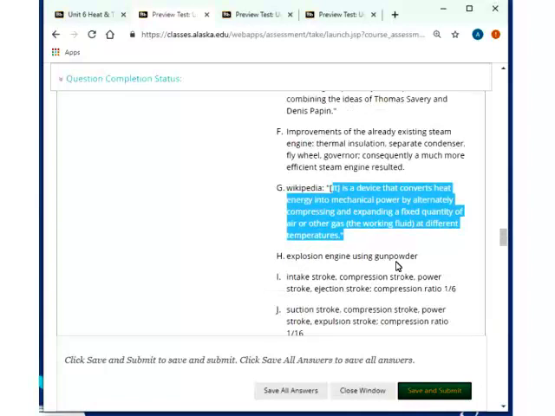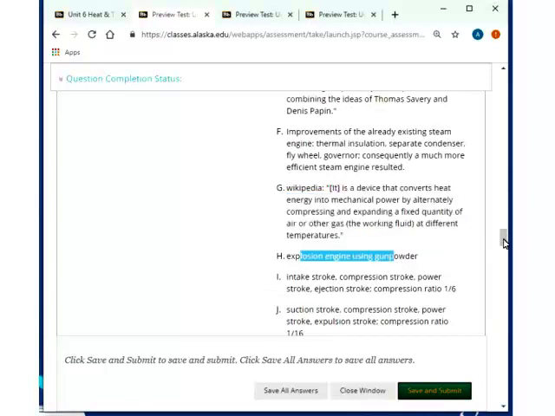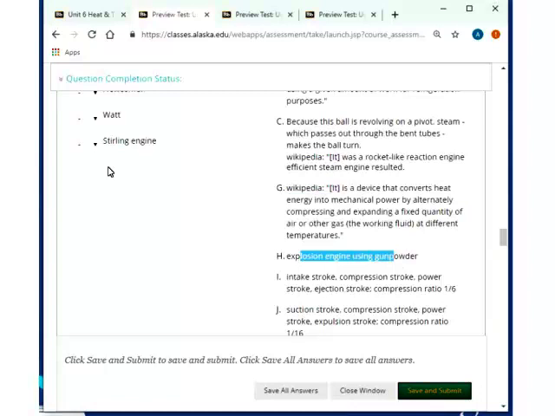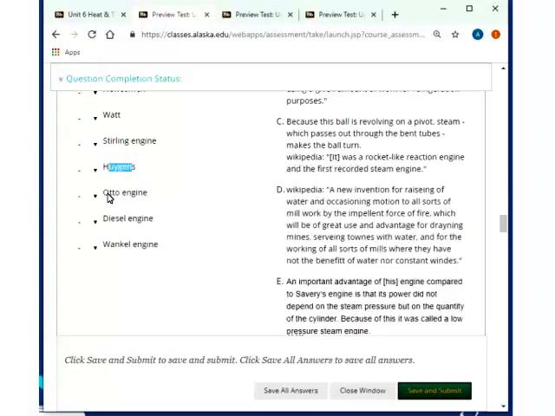Explosion engine using gunpowder. Oh yeah, that's Huygens. So Huygens is, there he is. Yeah. And then the Otto engine, that is what we call in America the internal combustion engine, which is kind of interesting because the diesel engine actually is also an internal combustion engine. But this is what we usually call it. We call the diesel a diesel, but I guess we call the Otto engine the internal combustion engine.